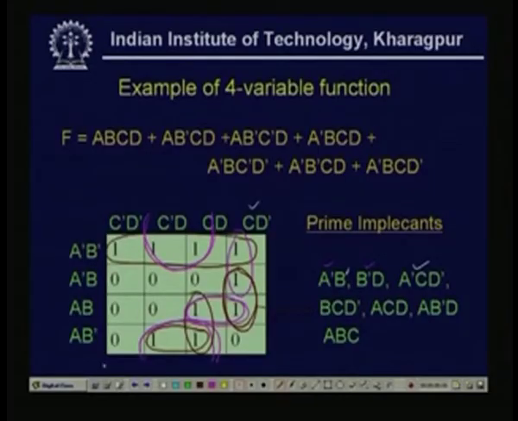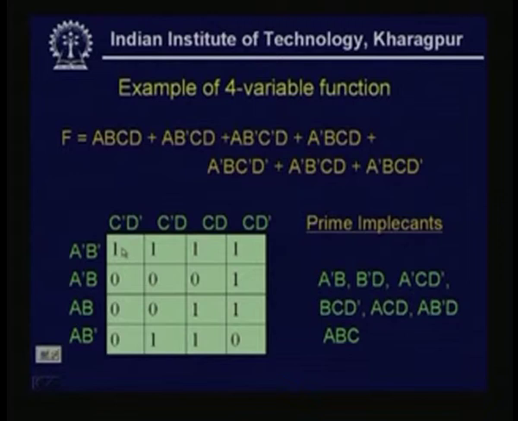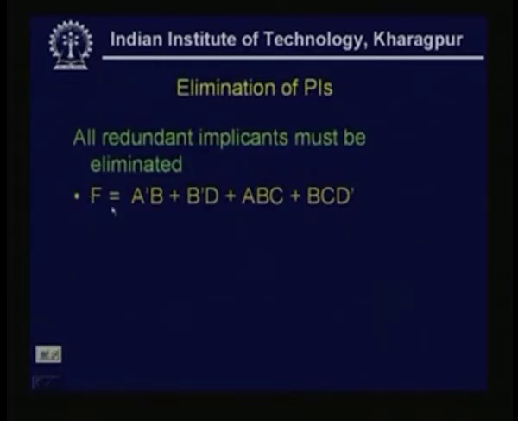Now, these are not all necessary for the function, because many are redundant, that one exists in more than one group. So, now how can we reduce that? From these 7 terms, all redundant implicants must be eliminated.